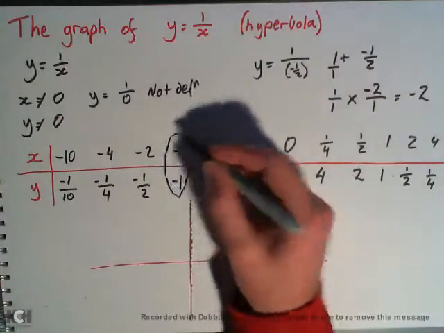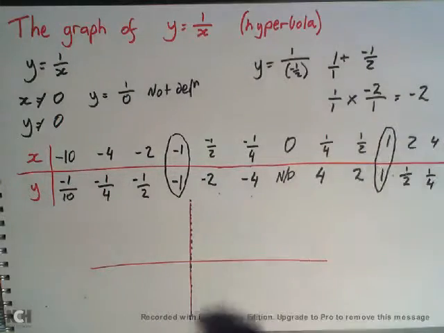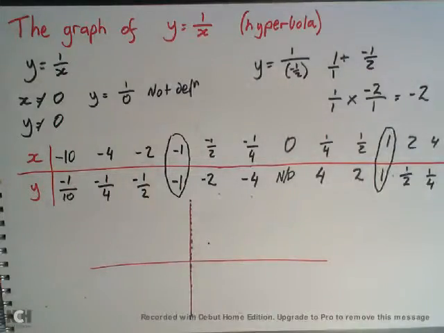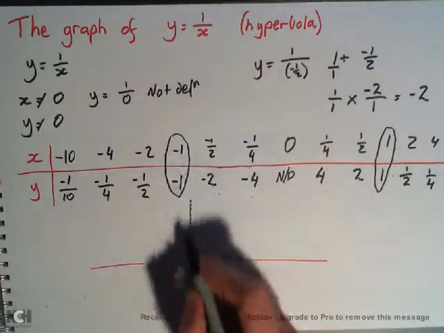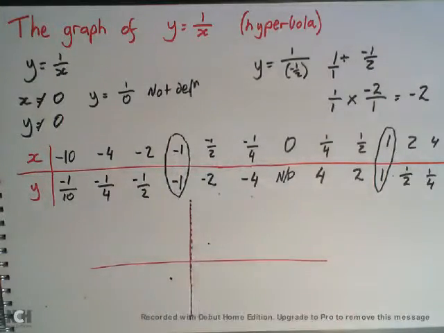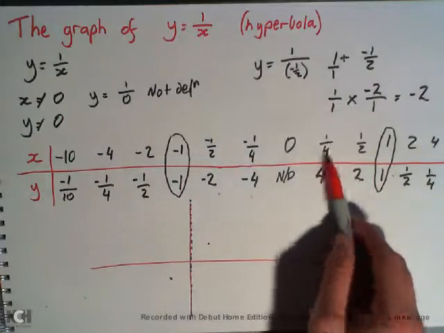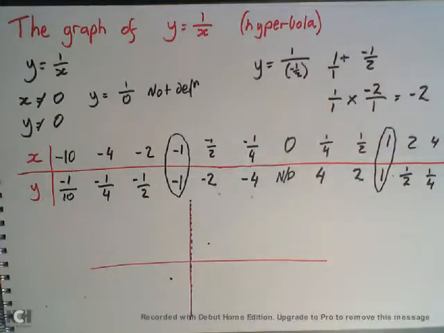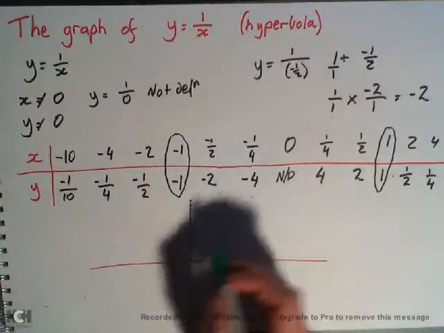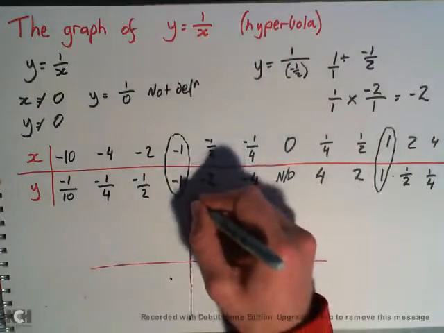Key points on the graph though are these ones here. At positive 1 we get positive 1 for the y, and same thing over here, at minus 1 we go down 1. So it goes through those 2 points there. Now, if I go a quarter, a very small point there, we actually go up to 4, which is all the way up here.